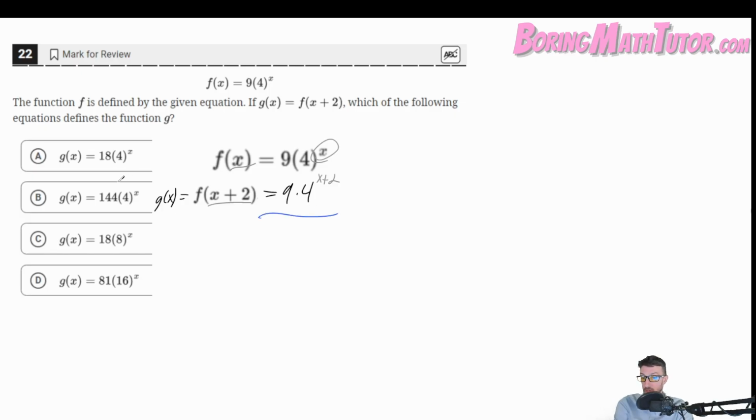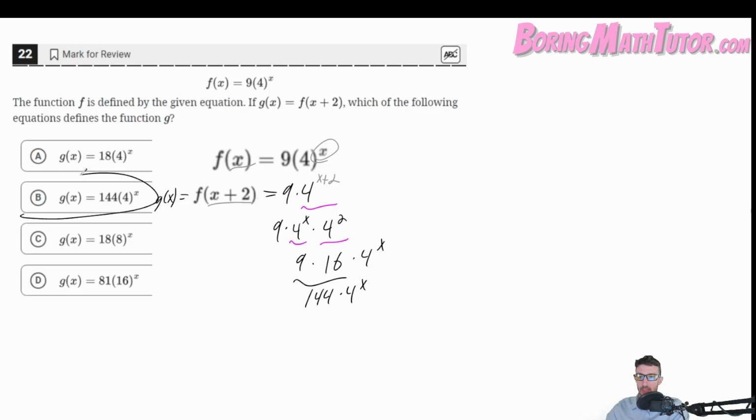No, they're not trying to make it too easy, but I can easily use an exponent rule that says this must be the same thing as 4 to the x times 4 to the 2. Now, what is 4 to the 2? It's 16, and if I then multiply that by the 9, 9 times 16, I don't know, what's that, 90 plus 6 times 9, which is 54, so it's 144 times 4 to the x. That's our answer right there.